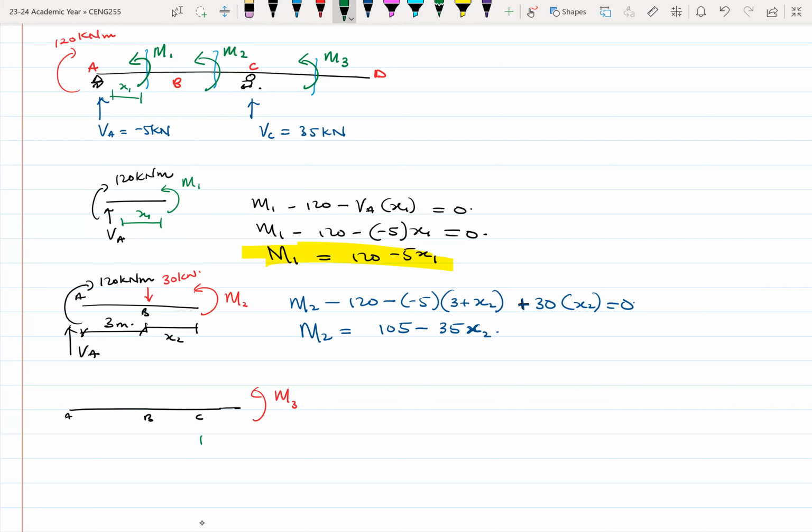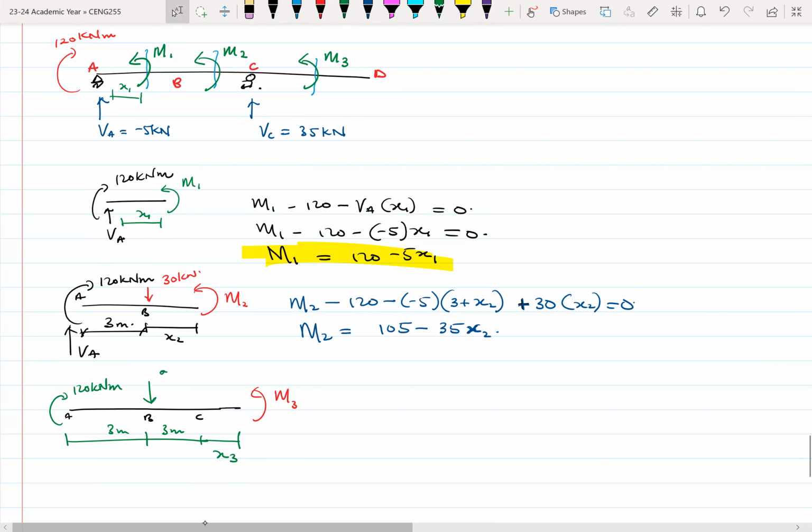This is your X3. We know this is 3 meters. This is also 3 meters. We have a 120 kilonewton meter point moment. At B, there's a 30 kilonewton load. Then also there's a VA, and also a VC.